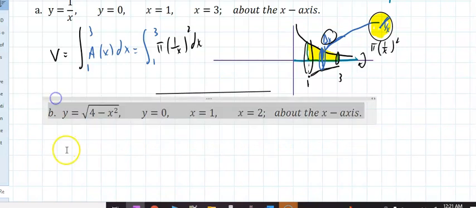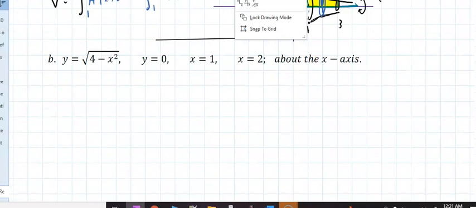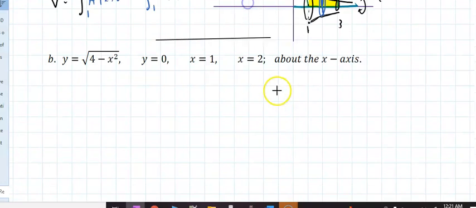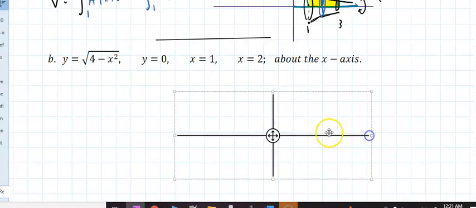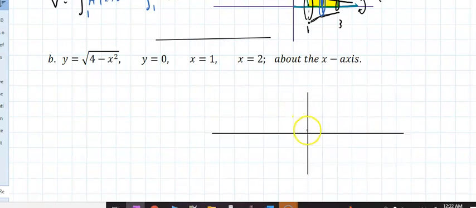Now I'm going to set up the second problem. Y equals the square root of 4 minus x squared. That's the upper half of a circle.